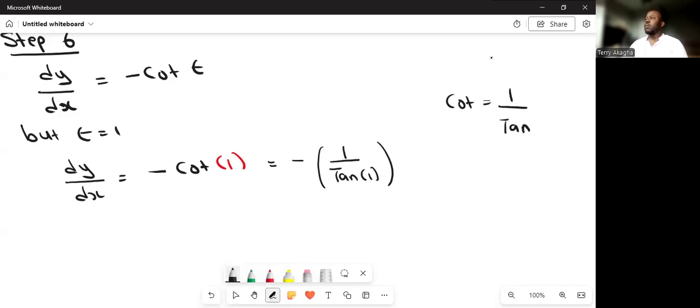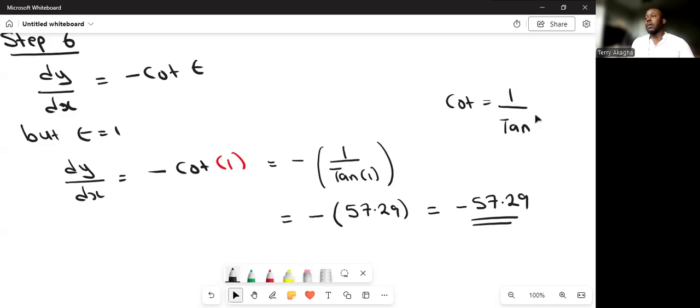Tan. So when you now press 1 over tan of 1, it is going to give you 57.29. So that means when you then multiply, the final answer you have is minus 57.29. Okay.